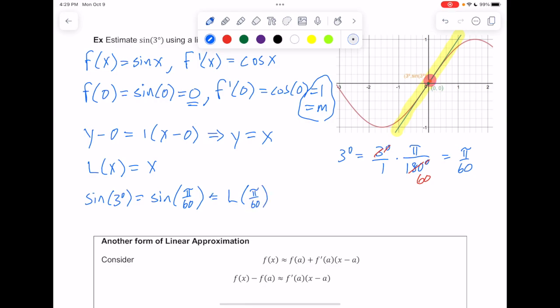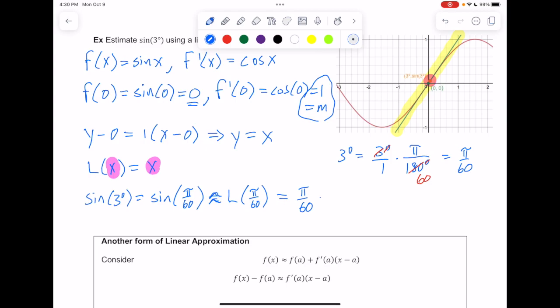And we should note at that point, that's where we're starting to approximate, because instead of plugging into actual sine, we're going to plug into the equation of the line instead. But this function is very simple. It says whatever you put in is what you get out. So if we plug in pi over 60, we're going to get out pi over 60. So the approximation here is that the sine of 3 degrees is equal to pi over 60.